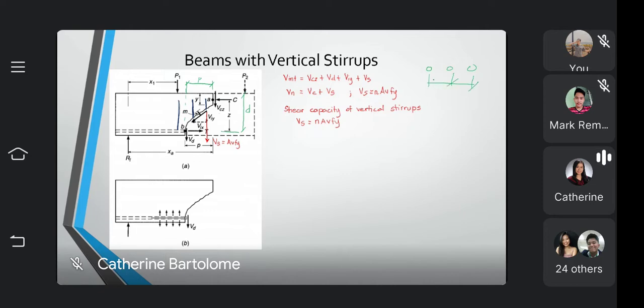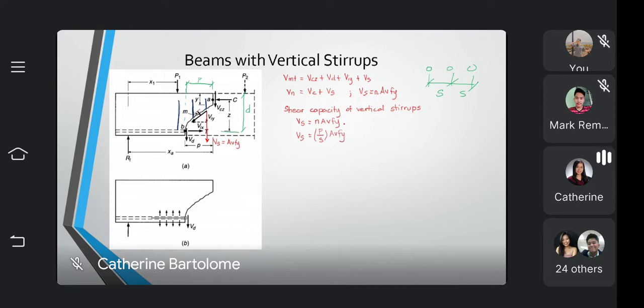Saan tayo nagbe-base sa spacing, 'di ba? So, pwede na rin natin gawin yung dito. Okay? So, let N be P over the spacing. Okay? Pinalitan lang natin yung N as P over S times AVFY.